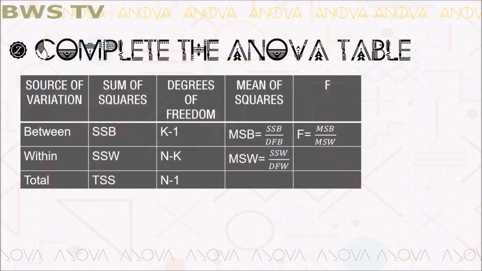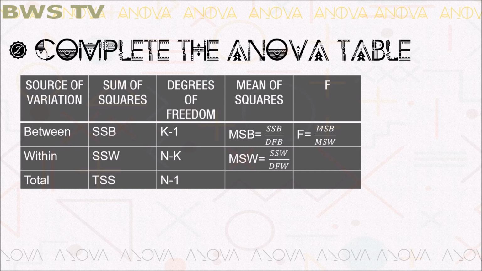Next, we will be proceeding to complete the ANOVA table. In the table, you can observe 5 columns, namely source of variation, sum of squares, degrees of freedom or DF, mean of squares, and F. You can also see SSB, SSW, TSS under the second column, K-1, which is the formula of DFB, N-K, which is the formula of DFW, and N-1, which is the formula of DFT.